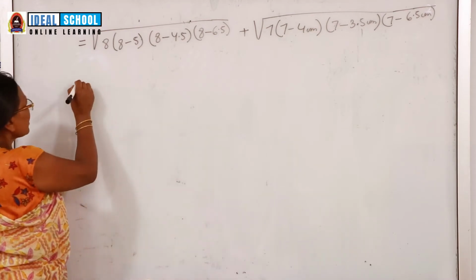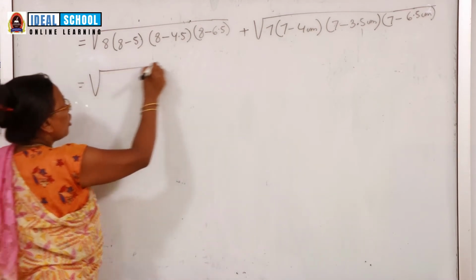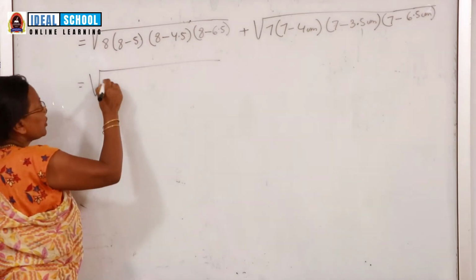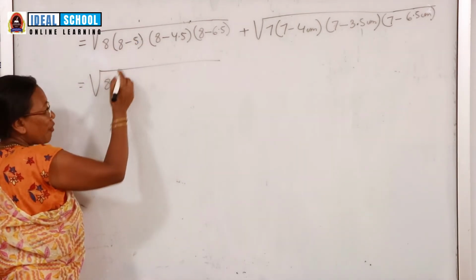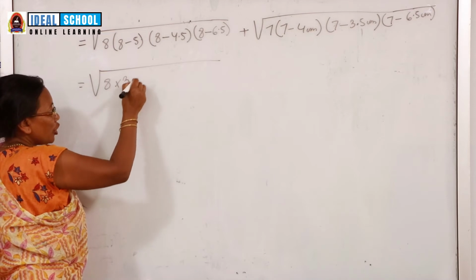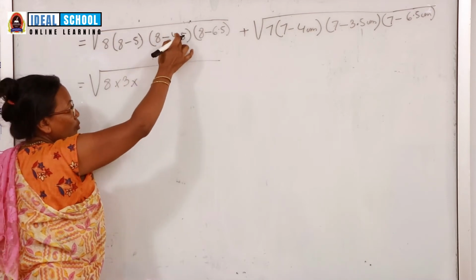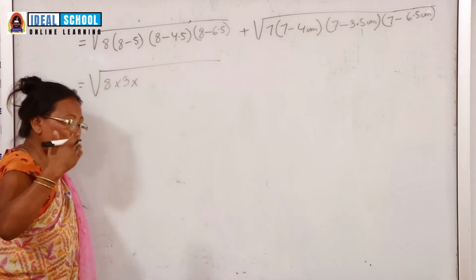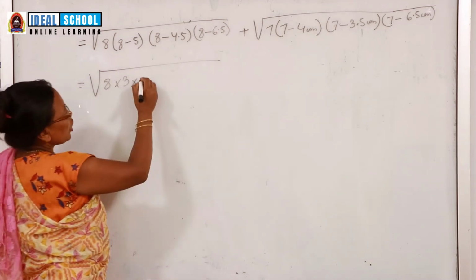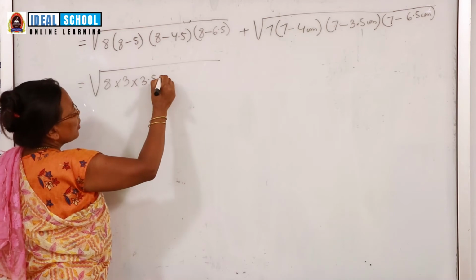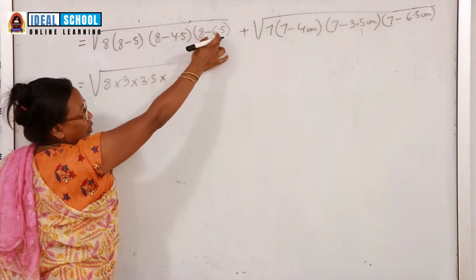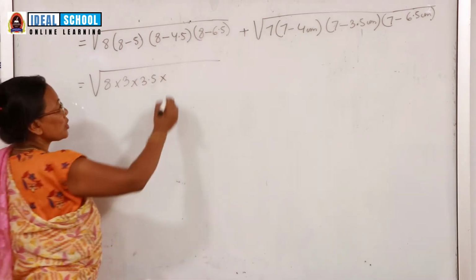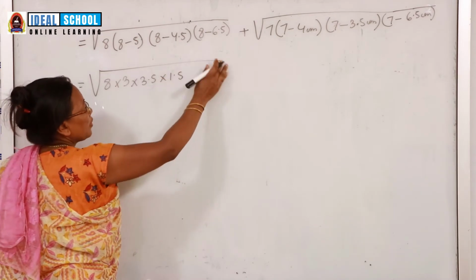Now let's calculate root over 8. 8 minus 5 is equal to 3, into 8 minus 4.5. From 8, if we take away 4.5, how much is left? 3.5, into 8 minus 6.5, how much is left? 1.5.